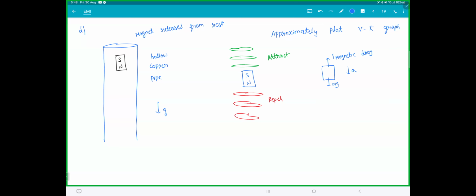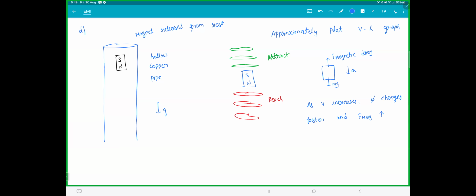As you go faster, the change in flux will be faster. So as speed increases, the rate of change of flux will increase, and therefore the drag also will be more. They will repel and attract much stronger. Just like viscous force.